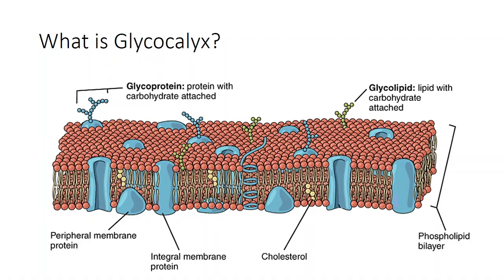Many integral proteins are glycoproteins, proteins with carbohydrate groups attached to the ends that protrude into the extracellular fluid. The carbohydrate portions of glycolipids and glycoproteins form an extensive sugary coat on the membrane called the glycocalyx.